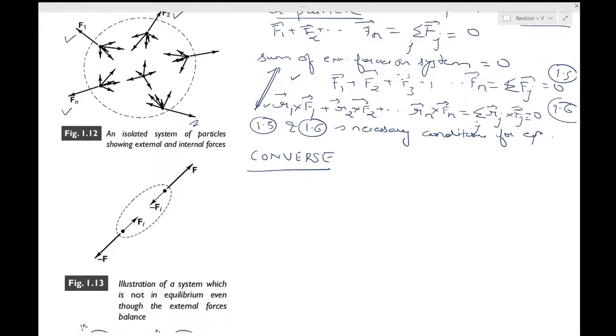Consider this case, figure 1.13. The summation of external forces on this system is 0 because the two forces F are of the same magnitude and opposite sign, and the moments of these two external forces will also be 0. So this system will satisfy 1.5 and 1.6.